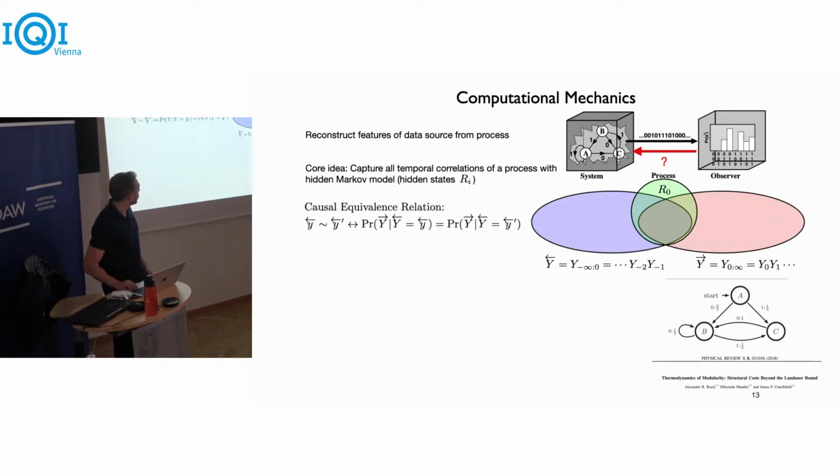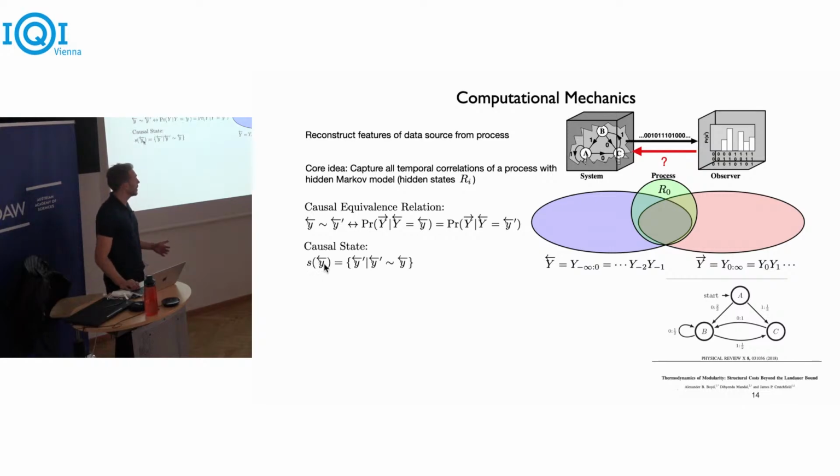One way of doing this, which is just algorithmic, if you have the details of your process, is to say, given two semi-infinite pasts, we'll say that they're basically the same if they lead to equivalent predictions of the future. This is just saying that the probability distribution over all future words is the same, given that you observed this past and this past. And if you do that, you define causal states as equivalence classes of these pasts.